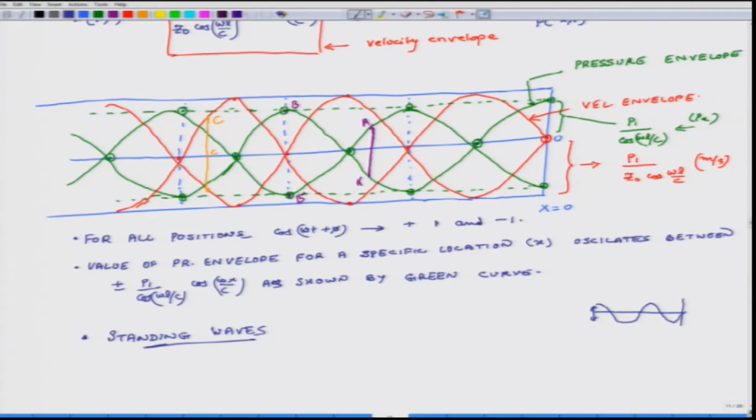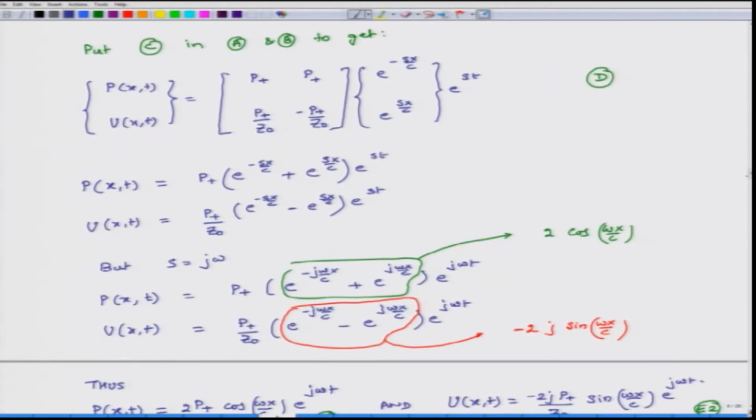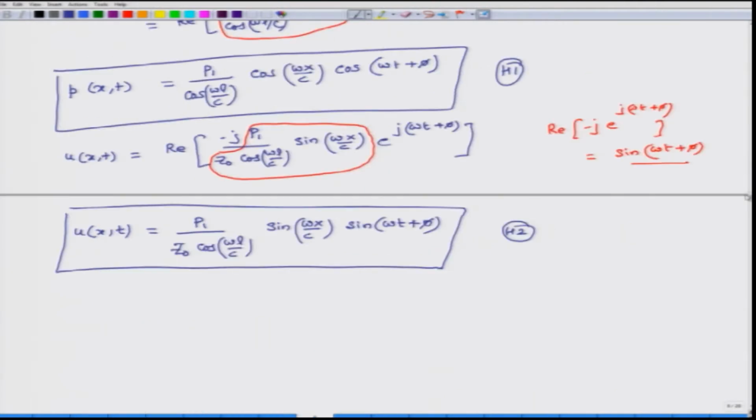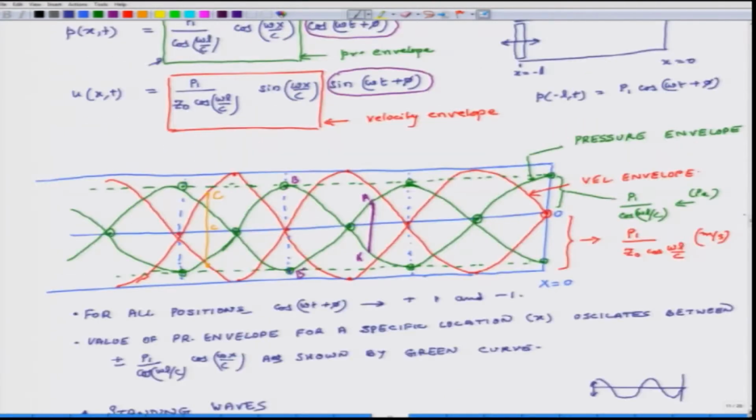So, the wave does not appear to travel in this case; rather it appears that the wave is standing, and that perception is there because there is interference of the forward travelling wave which we had seen, and a reflected wave. Both of these waves interfere in such a way that we get this type of standing pattern. So, that is why these waves are known as standing waves.